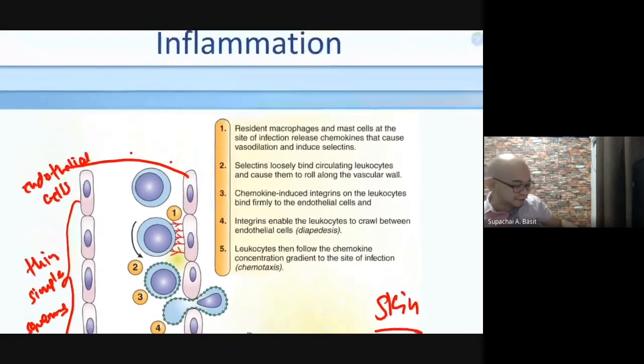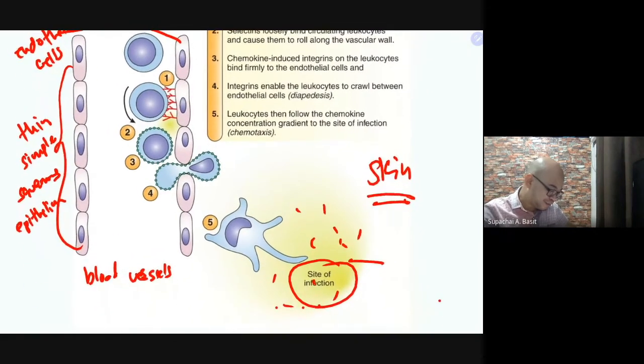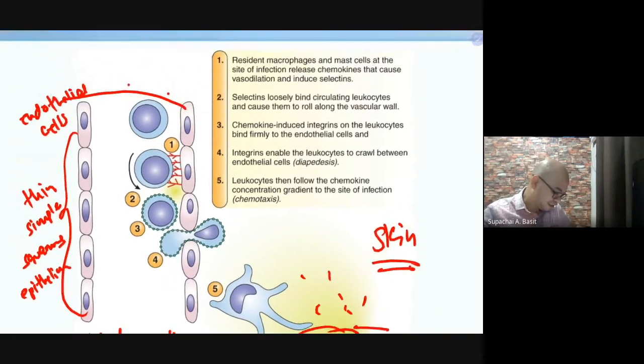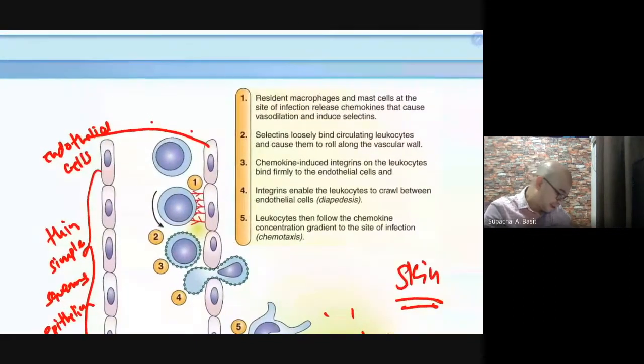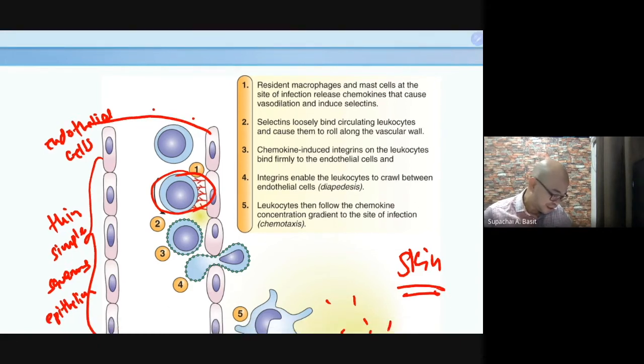So during that particular process, resident macrophages and mast cells at the site of infection, ito yung macrophages, will release chemokines that cause vasodilation and induce selectins.